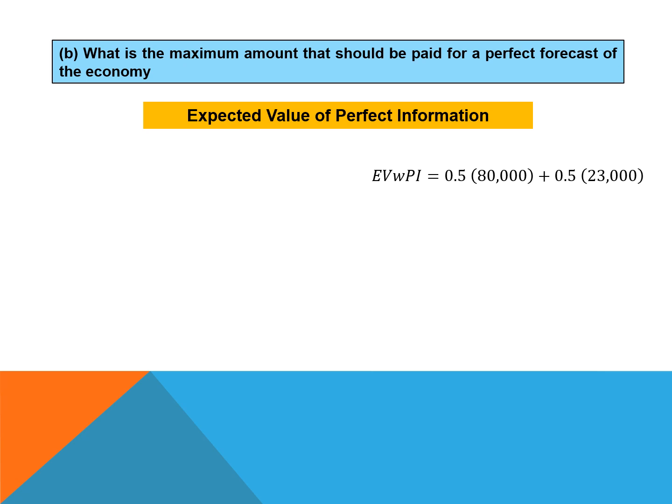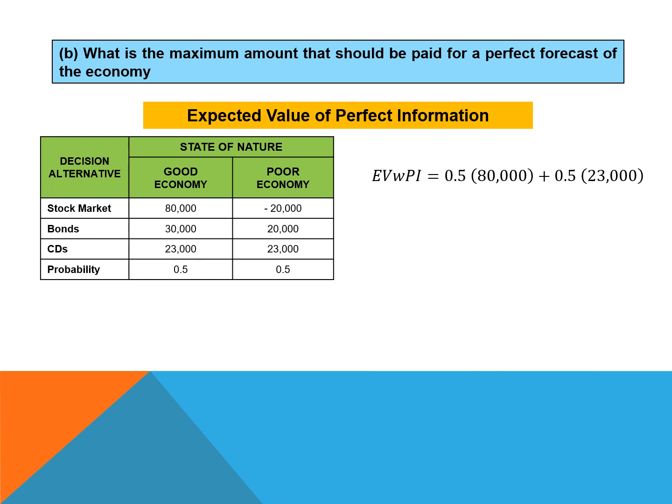So ito ang solution. Expected value with perfect information: 0.5 multiplied by 80,000 kasi yan yung best payoff under the good economy outcome. So 80,000, then 30,000, then 23,000. Ang pinaka-best payoff under the good economy outcome is obviously 80,000.